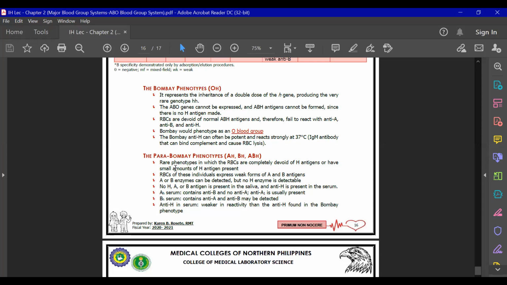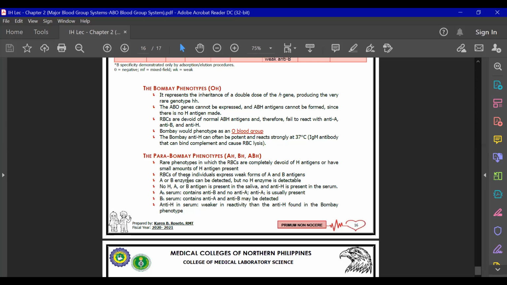Class, while it is stated here that small amounts of H antigen are present on the red cells, there is actually production of the H enzyme, but it is not detectable because the amount is very small. That is why only a very small amount of H antigen is produced on the RBCs, and why only very small amounts of A and B antigens are produced, because very little H antigen is produced. Do you get it?